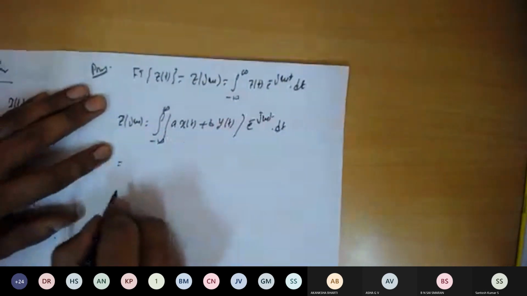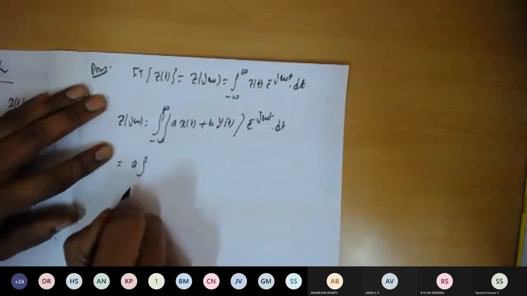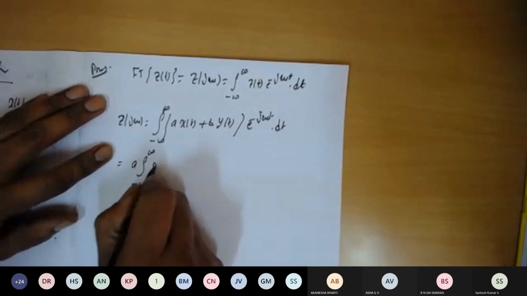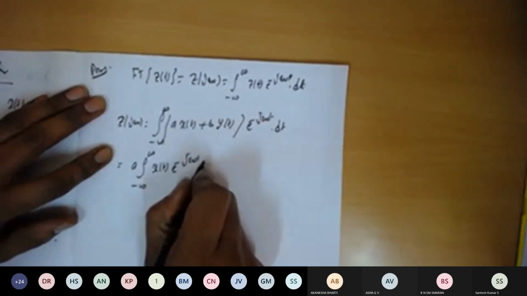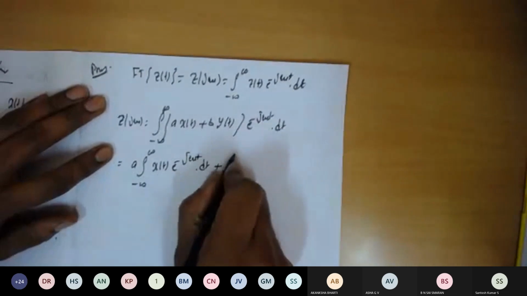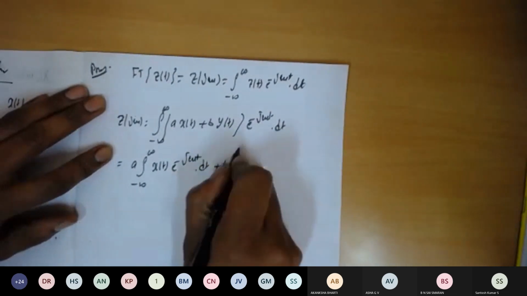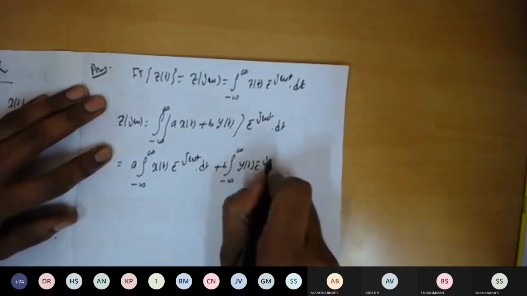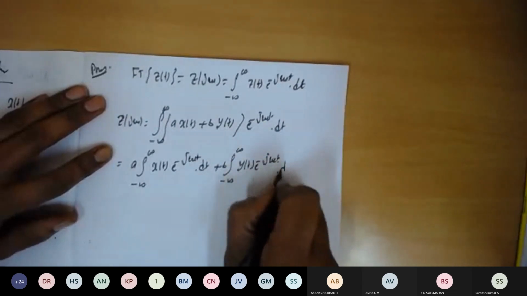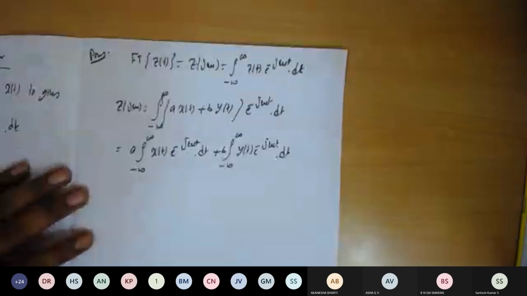Now let us split the integrals here. So it is very simple: a into integral of x of t into e to the power of minus j omega t into dt, plus b into integral from minus infinity to plus infinity of y of t into e to the power of minus j omega t into dt.